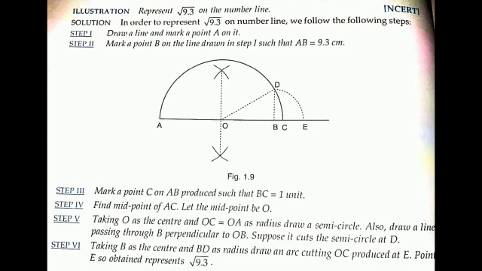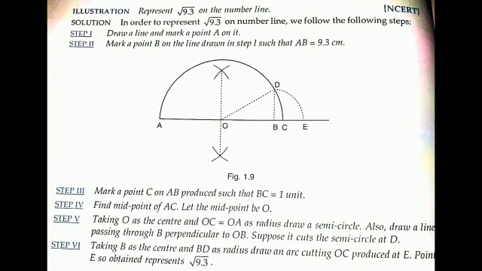Here it is very important to note that point B will be considered as the origin, that is the position of 0. C will give us the 1 unit, that is B will be 0, C will be 1. So the length BE will be equal to root under 9.3 units.